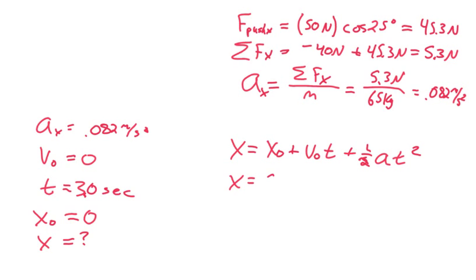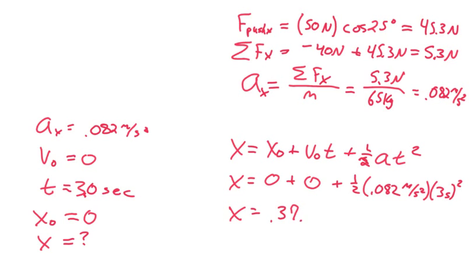And that x naught is 0, v naught is 0, so v naught times t is 0, plus 1/2 times 0.082 meters per second squared times the time, which is 3 seconds, squared. And so we get an answer here of 0.37 meters.